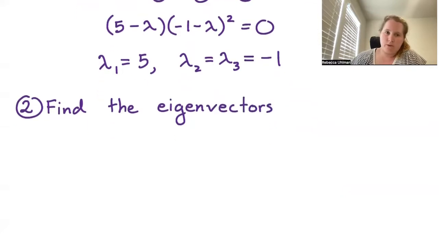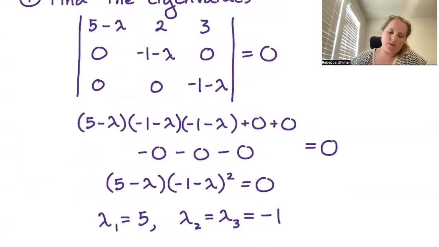So for lambda 1 equaling 5, we are looking at the augmented matrix.